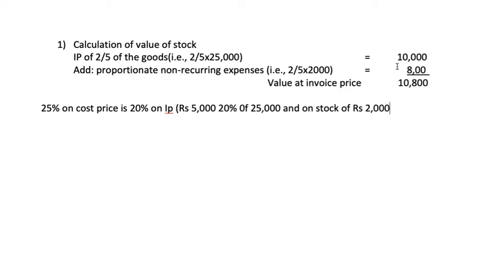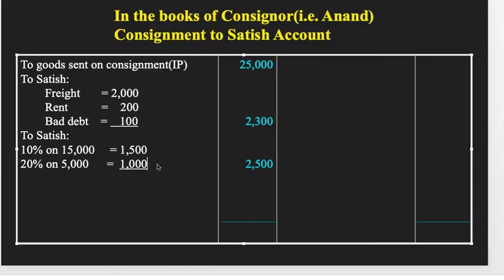That is, 20% of this 10,000 is rupees 2,000. So we are going to take the same value there. So here we take to stock reserve, which is 2,000 rupees. In brackets we can write down here loading on stock, right?